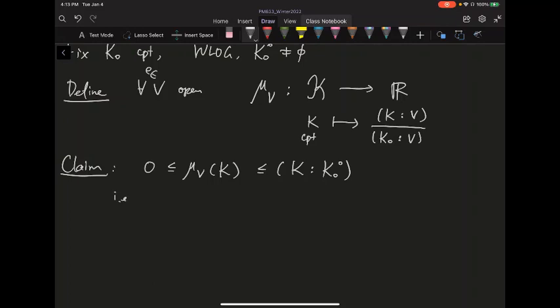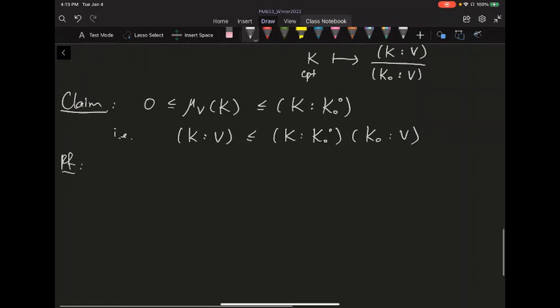In other words, I just need to show that this (K:V) is less than or equal to the product of (K : interior of K0) multiplied by (K0:V). So this is fairly simple to prove actually. So let's do the following.